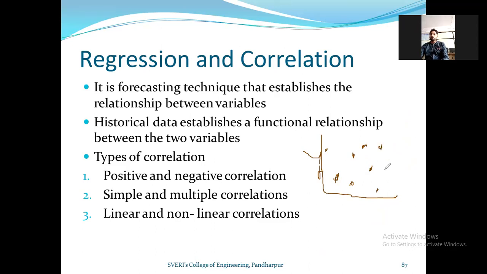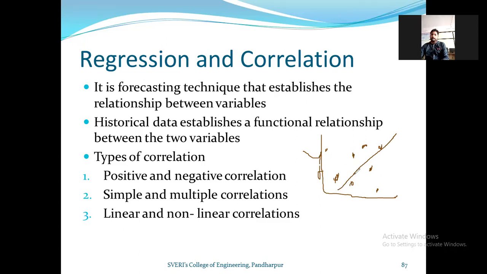Are you able to draw a straight line which has minimum error between these points? There are about 6 points, but 2 points are very much away from the line, so the deviation will be much larger.